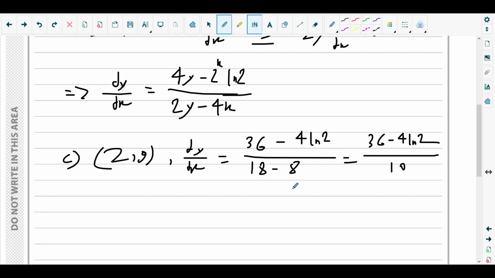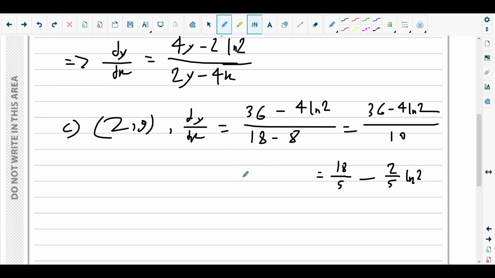Should we simplify more? We can. Like 36 over 10, that can be written as 18 over 5 minus what? 2 over 5 ln 2.